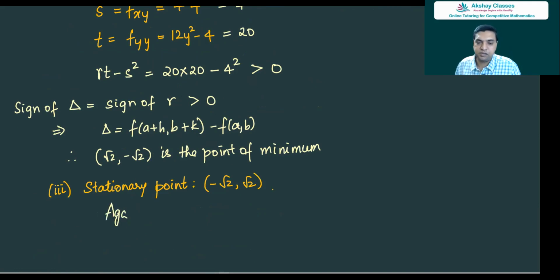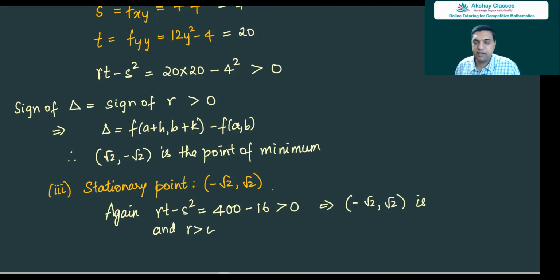Again, RT minus S squared is 400 minus 16, greater than 0, and R is greater than 0 in this case, so it is a point of minimum. So both are the points of minimum.